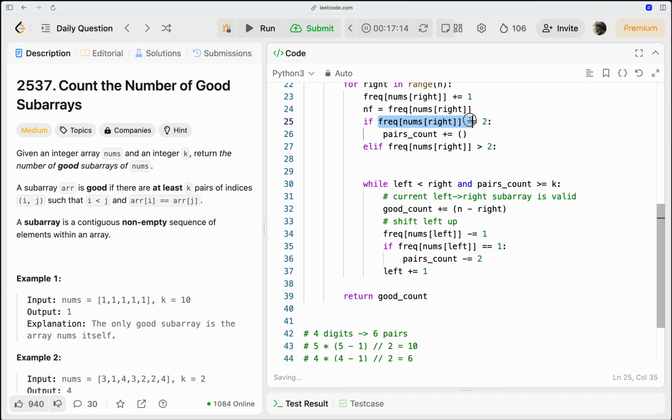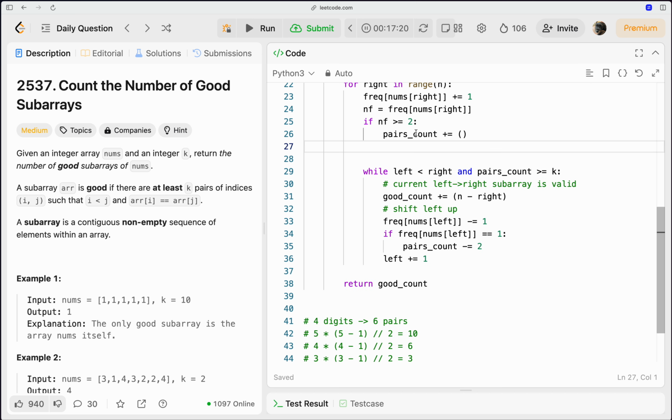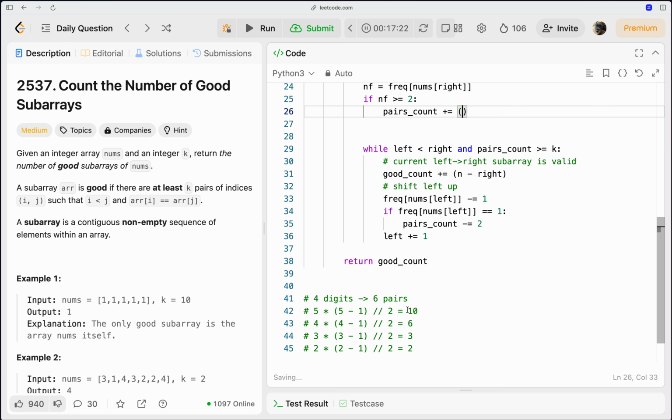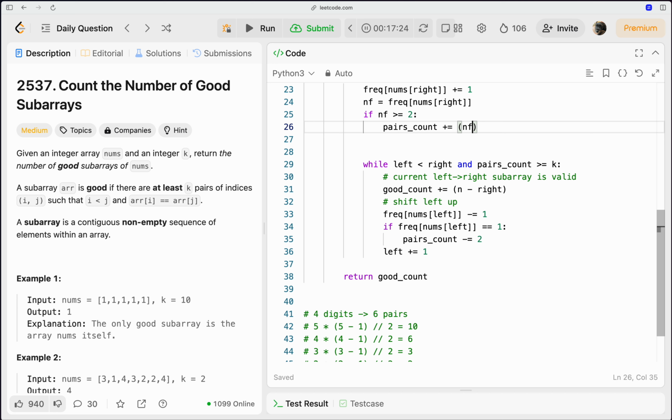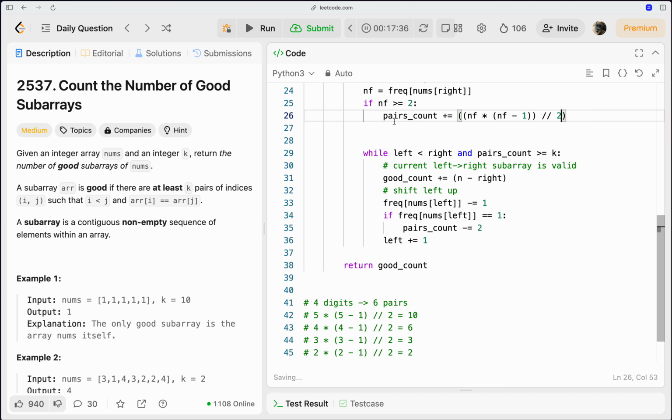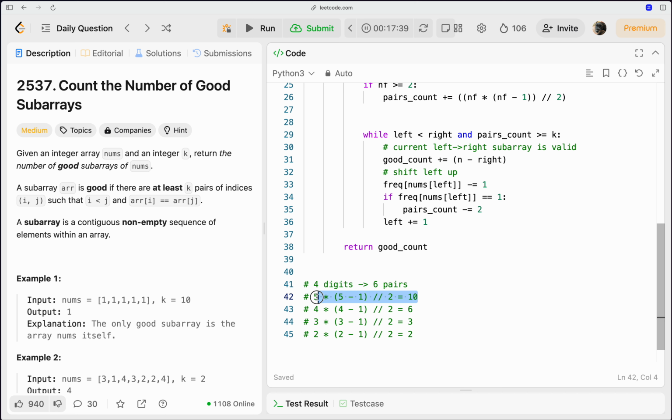If the new frequency is greater than or equal to 2, then pairs count plus equals the new frequency times new frequency minus 1. If we multiply that and then divide the whole thing by 2, that's how many additional pairs, right? Like if the frequency was 5, all of a sudden we could have 10.